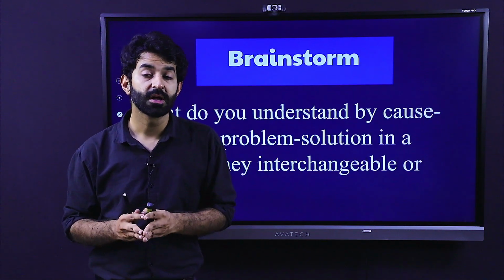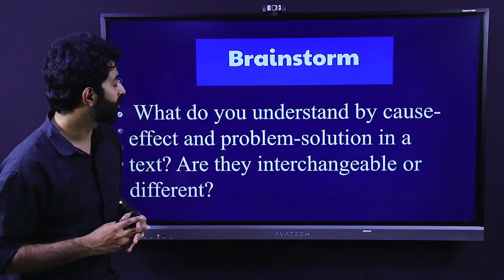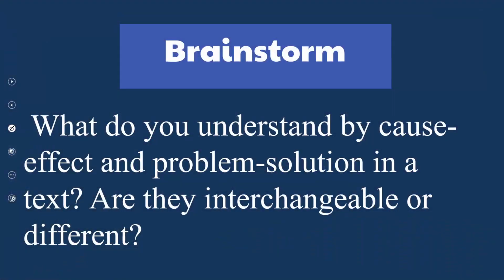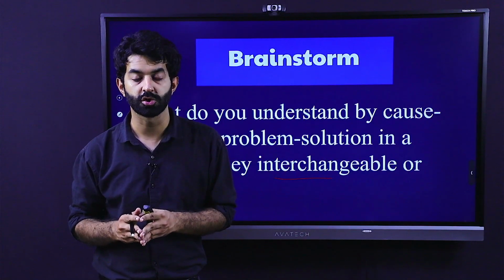Now students, let's talk about our brainstorming session. Let's think for a moment. What do you understand by cause, effect, and problem solution in a text? Are these organizational patterns interchangeable, or are they different? So first, students, we have 4 terms over here: cause, effect, problem, solution.